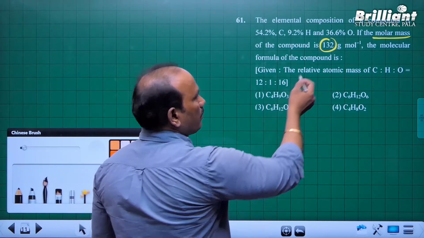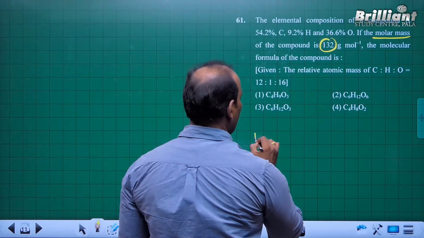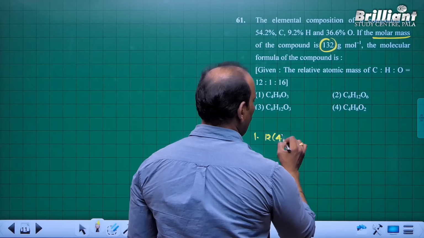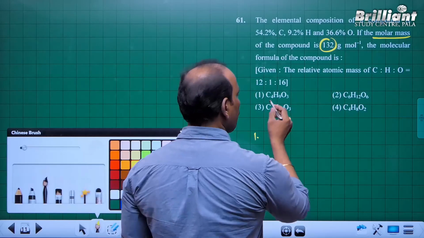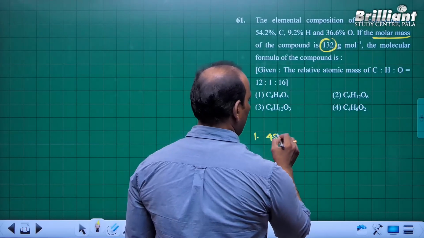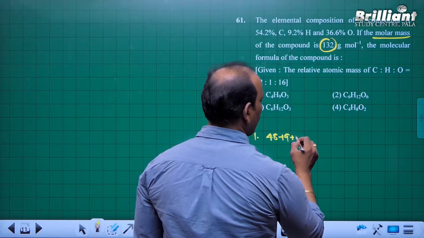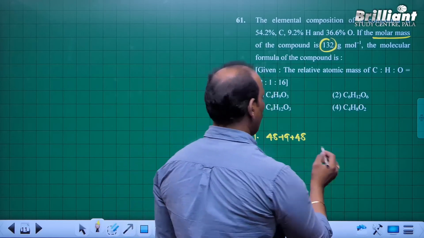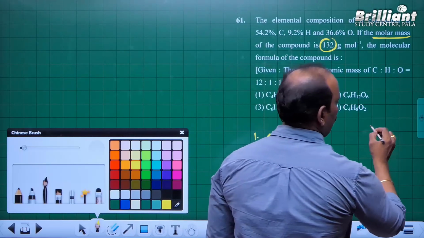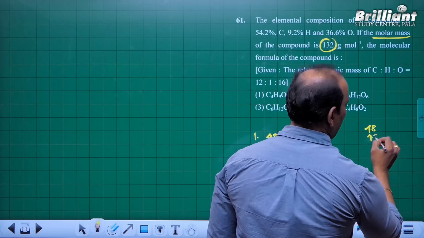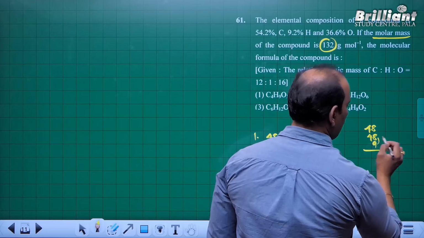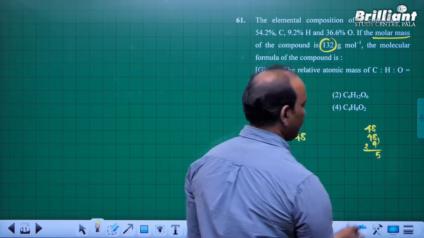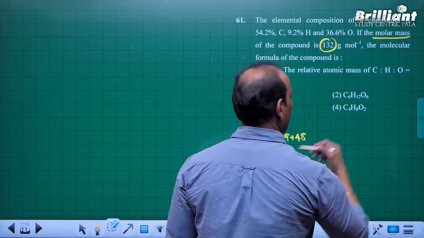So in this one, we go to the options. First option is C4, that is 4 into 12, 48, plus 9 plus 48. So this is wrong. What is the value? 108. This is 48 and 9, this is 17, 25, so 105.